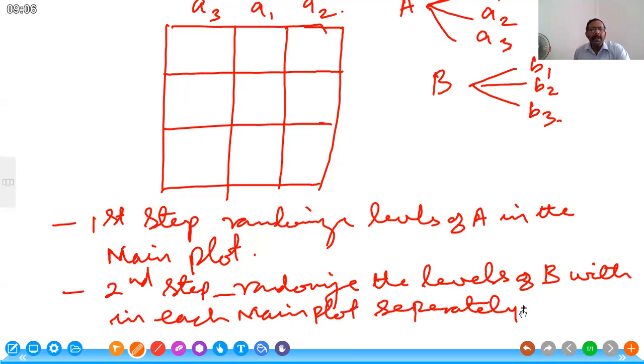You randomize each level of B within each main plot separately. For example, the first main plot consists of A3, so I randomize B1, B2, B3 here.